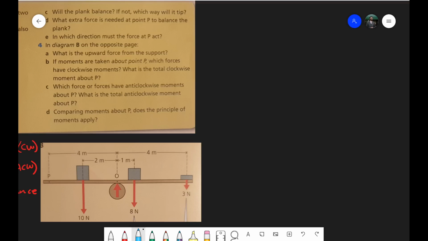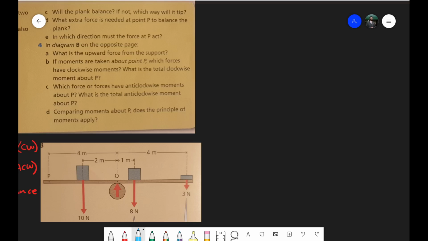And the upward force has to be equal to that, because this beam is balanced and this beam is also stationary. So in order for it to not fall down or fly upwards, in order for the beam to stay in its place, the upward forces and downward forces must be equal to each other.